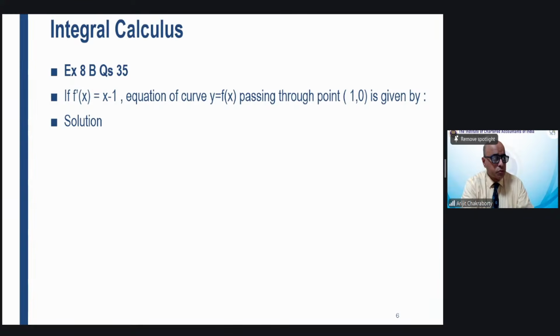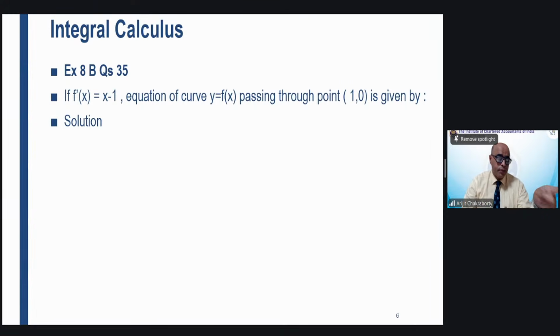Please remember, dear students, that y equal to x minus 1, x का power क्या है? 1. That means it is the straight line. Y equal to x minus 1 is the graph or is the equation of a straight line. ये linear, हम लोग कहते हैं ना, linear straight line. It's a linear equation.